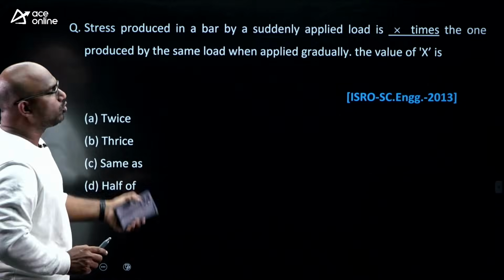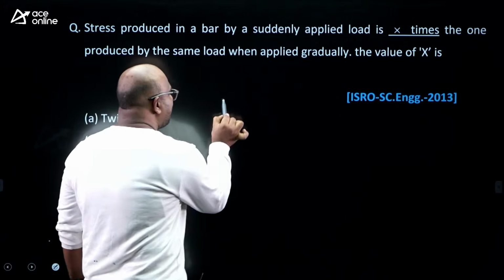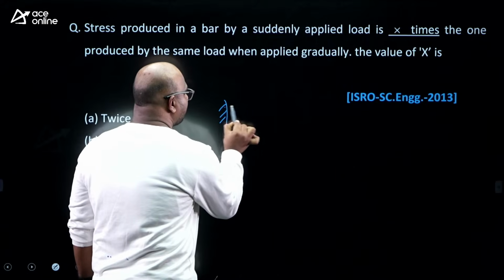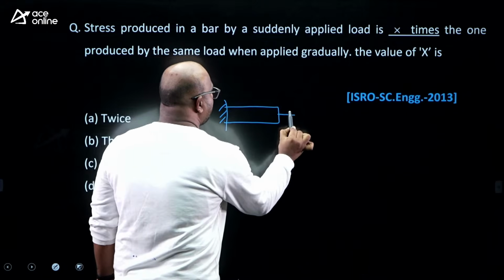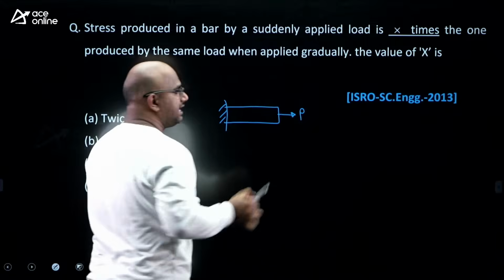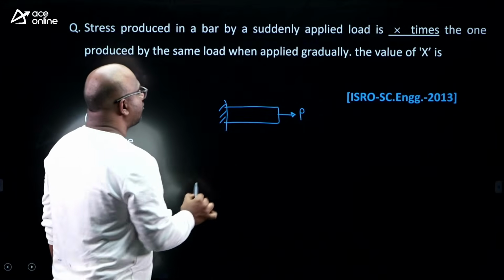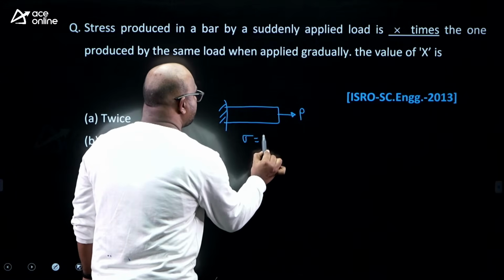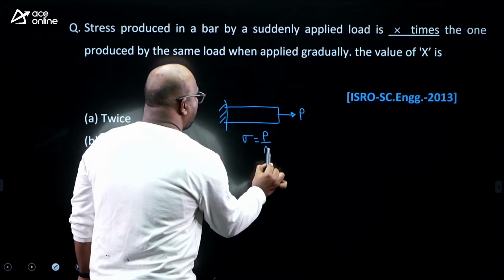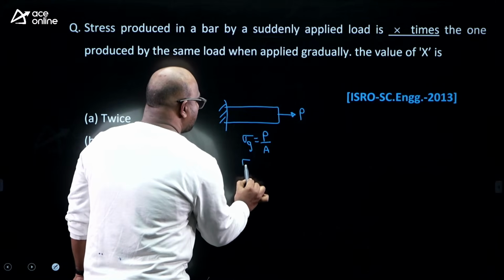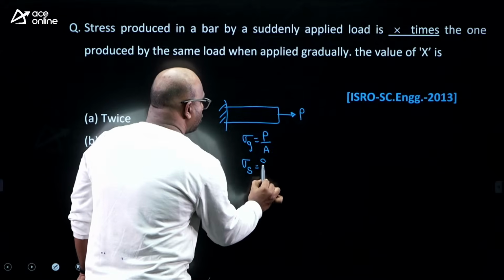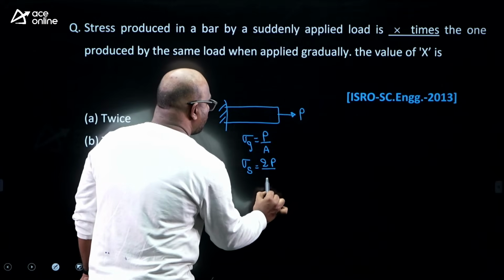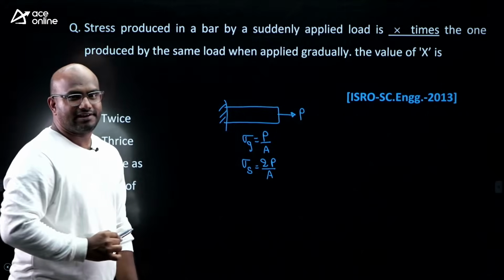It is twice, guys. Listen carefully: whenever P is applied gradually, what is the formula? Stress equal to P by A for gradual loading. For sudden loading, how much, guys? 2P by A. Getting the answer, everyone?